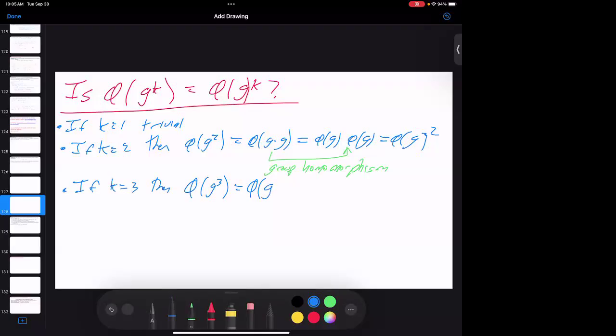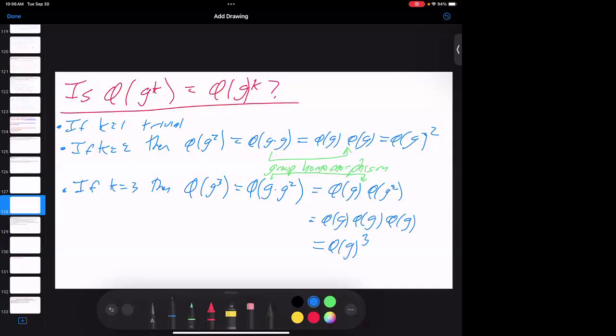So you said g times g squared? It's phi of g times g squared, which is phi of g times phi of g squared because it's a group homomorphism. But what is phi of g squared? Phi of g times phi of g. And that gets us phi of g cubed.